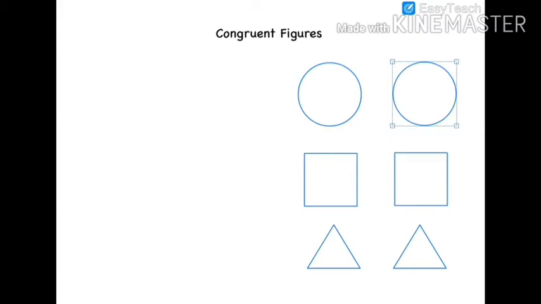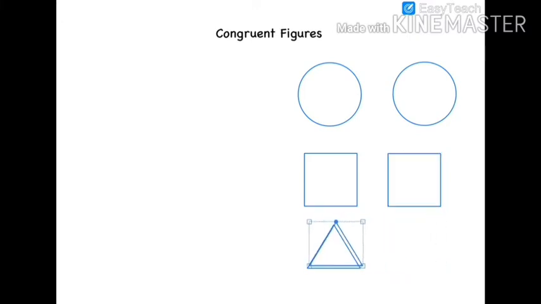We can say that these two circles are congruent. Likewise, if I overlap the two squares, they completely coincide with each other. That is, the vertices and sides completely coincide. So these two squares are also congruent.